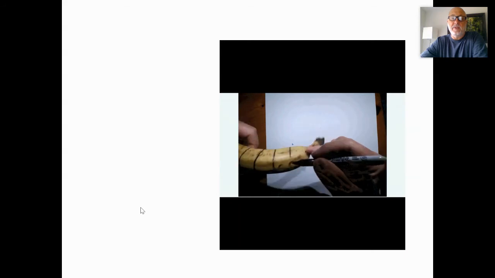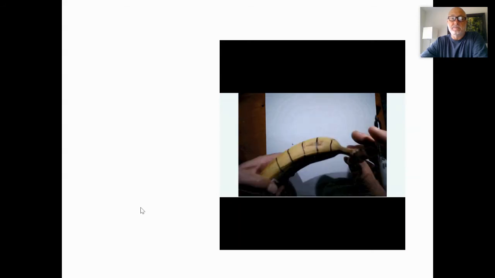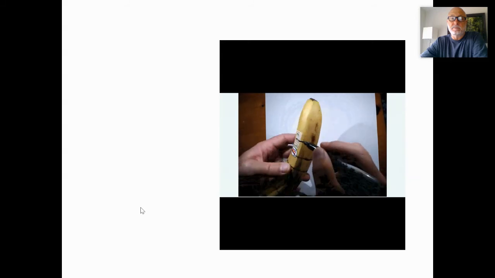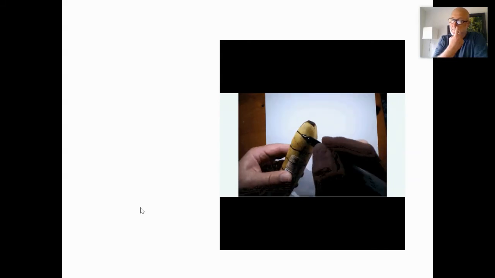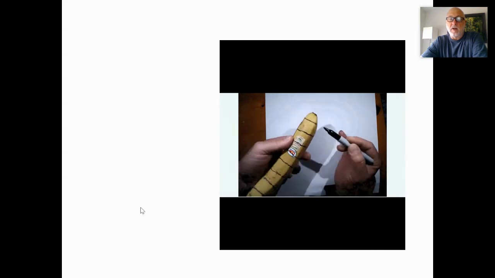I'll try to space these lines evenly. I'll draw some lines down the edges of the banana also.